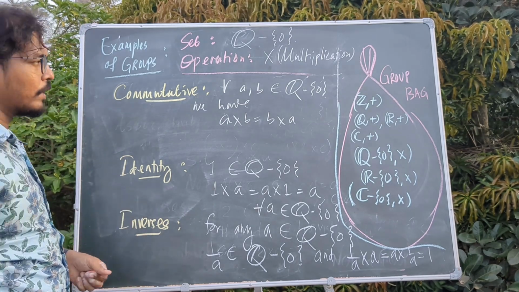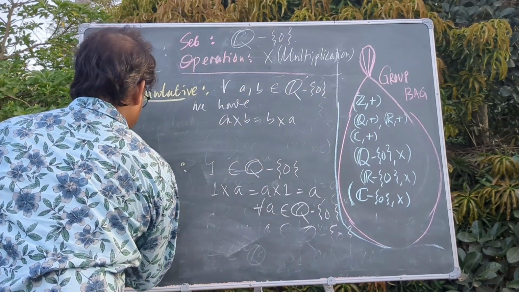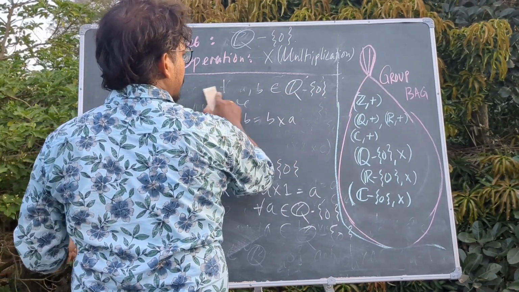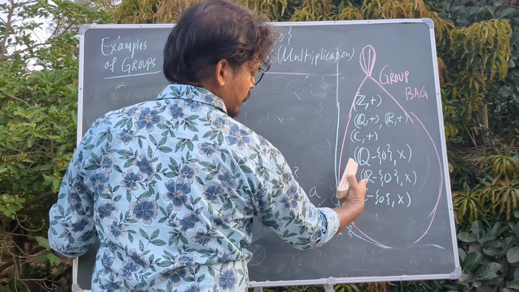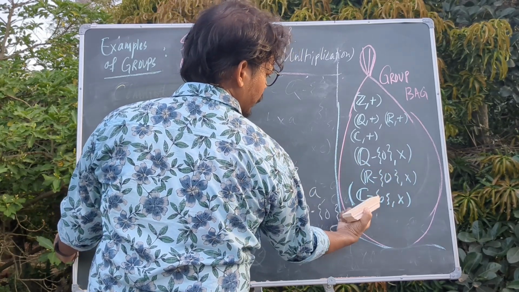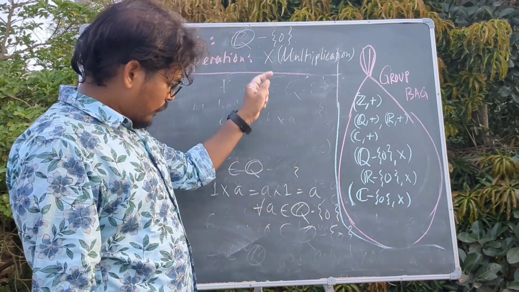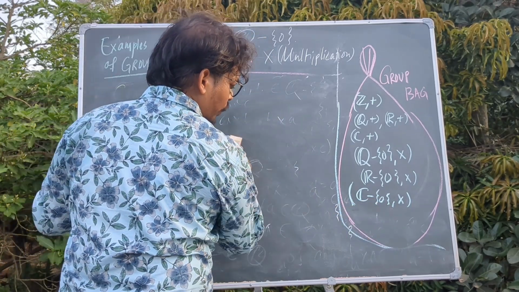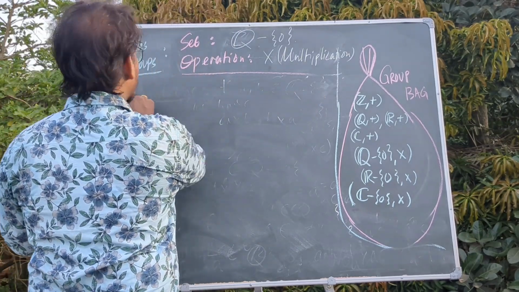Pause the video to note. You can show all these: the set of non-zero reals under multiplication, the set of non-zero complex numbers under multiplication. You have to follow the same procedure. It's not a big deal.